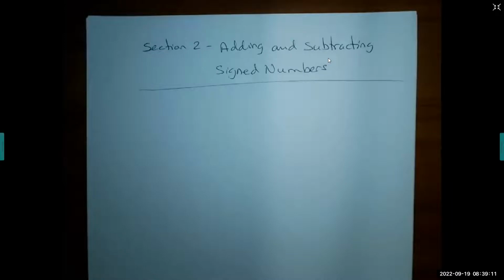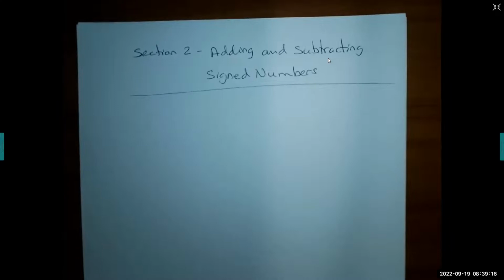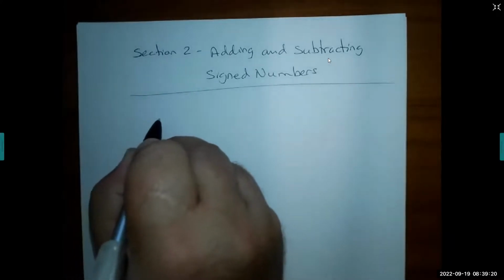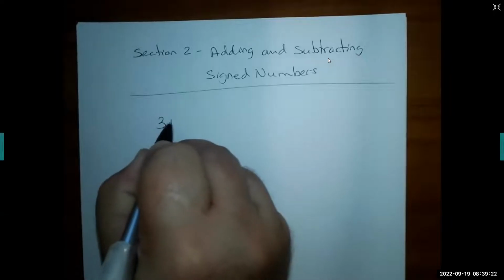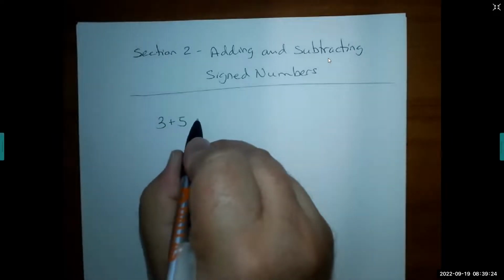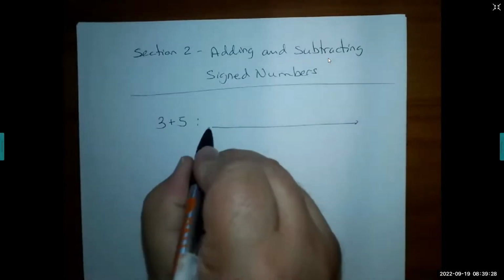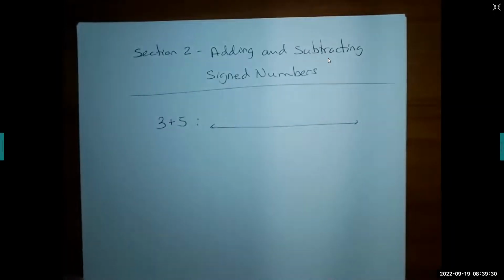Okay, let's look at this section 2 now. Like we talked about earlier. Three plus 5. Do this addition using a number line. How would you do this using a number line?